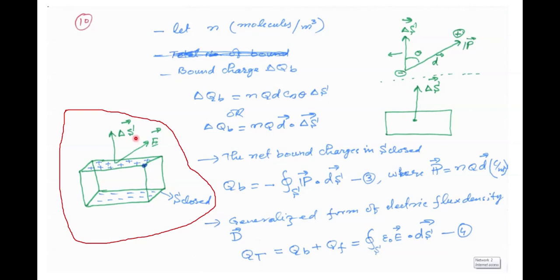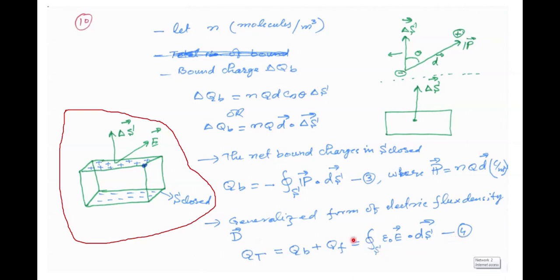So the total charge in this dielectric space becomes equal to the sum of the bound charges plus free charges, and the total charge, in terms of Gauss's law, is equal to the surface integration of epsilon naught E dot ds.